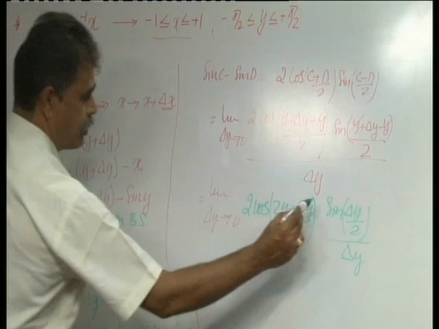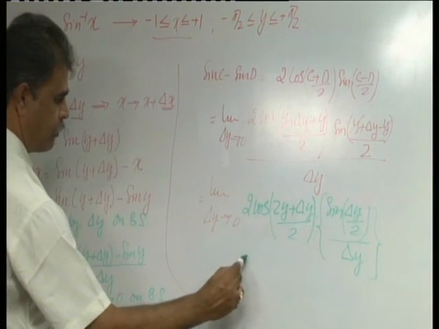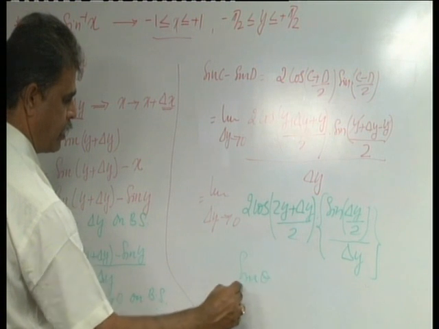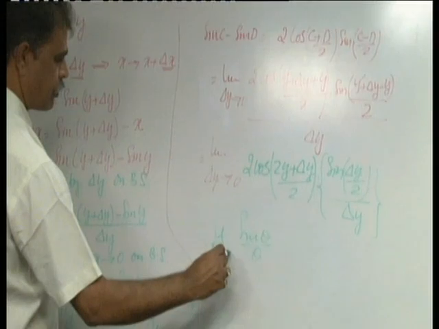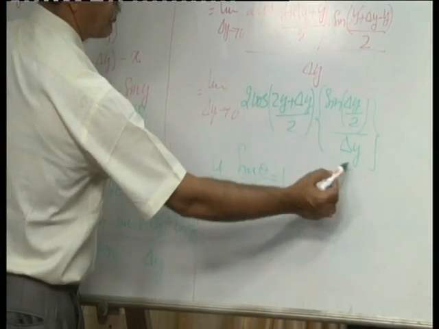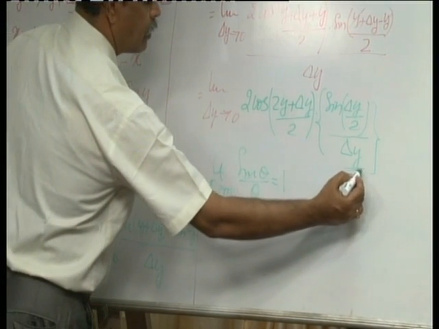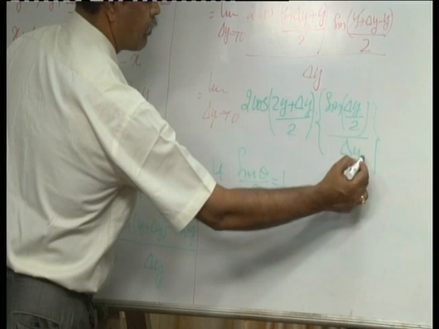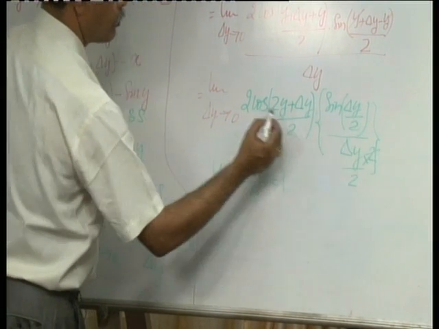To make this into the standard limit, that is, limit of sin theta by theta as theta tends to 0 is equal to 1, I divide by 2 for delta y and multiply by 2. So, this 2 cancels.